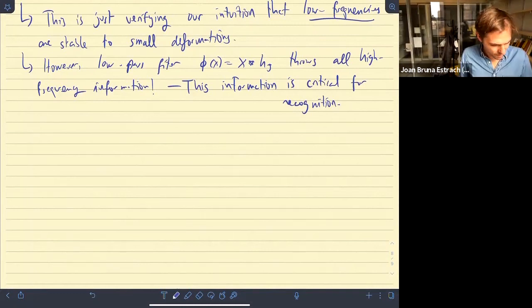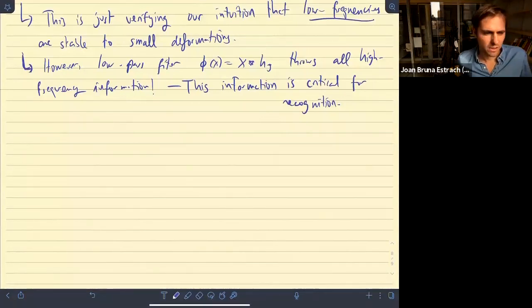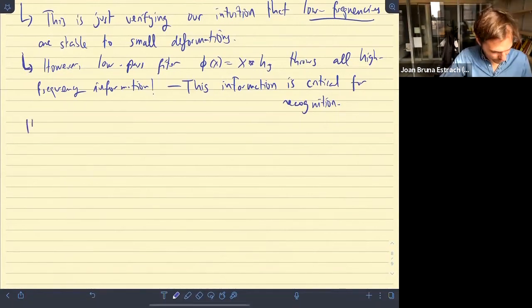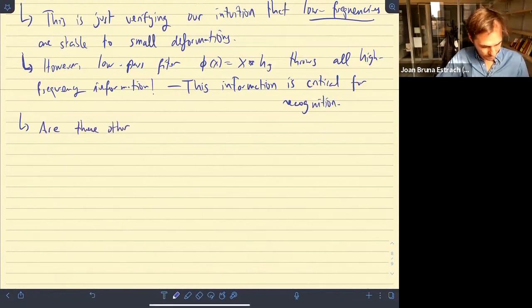But another thing that we know, and here I can just give you the gist of it, is another question: are there other stable linear operators?